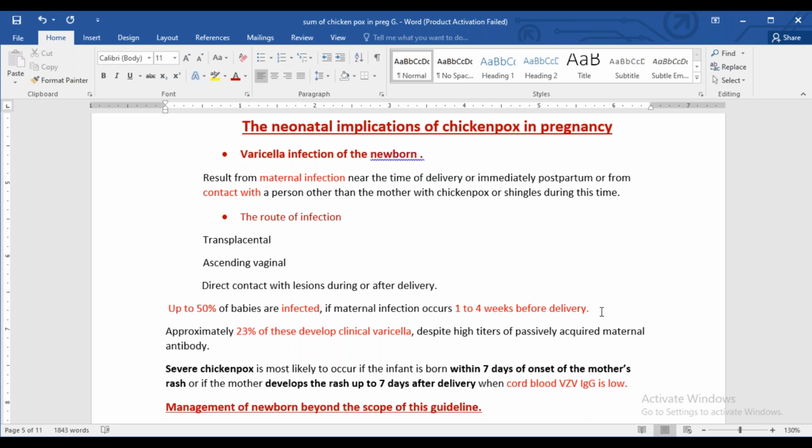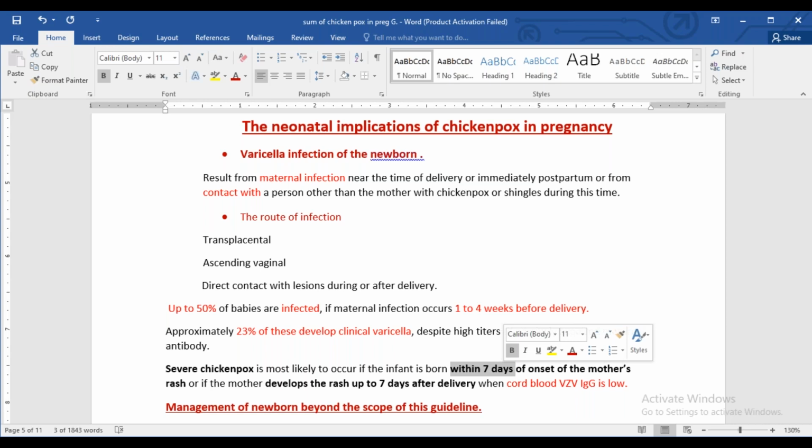Okay, and 23 of them will develop clinical varicella infection, and those will develop severe chickenpox infection when the time window is within 7 days of the onset of the mother's rash, or the mother developed the rash 7 days after. So the severe chickenpox happens 7 before, 7 after.